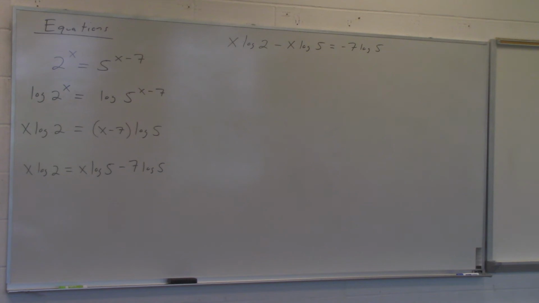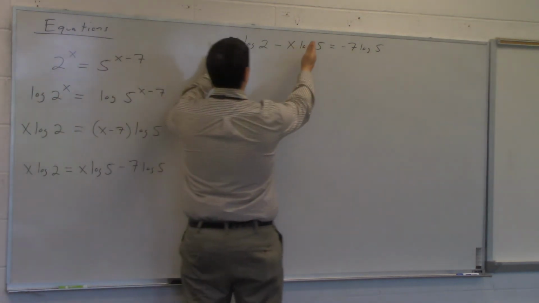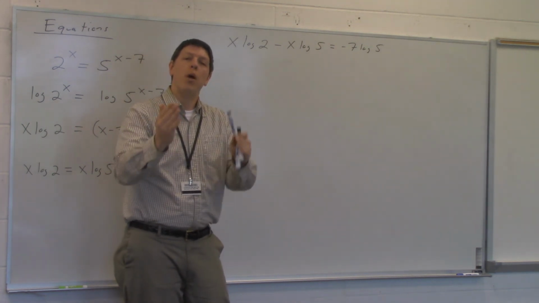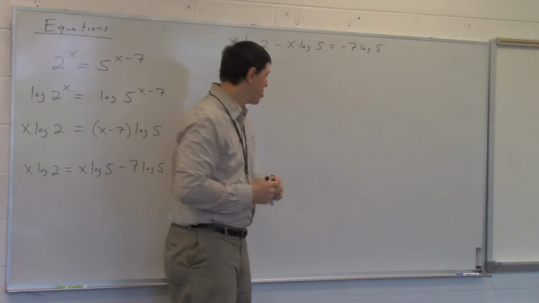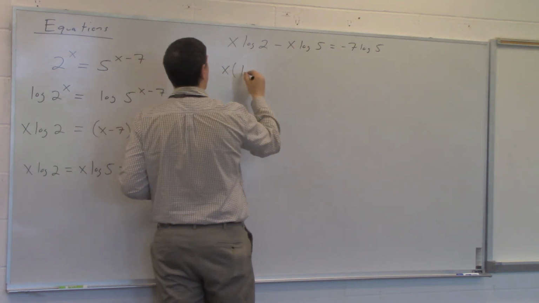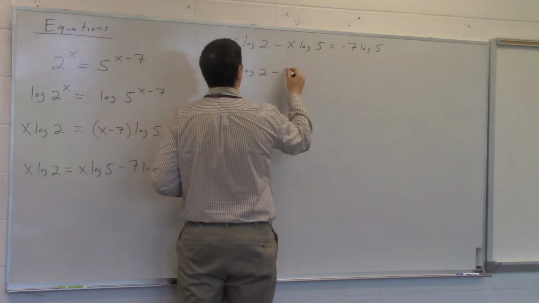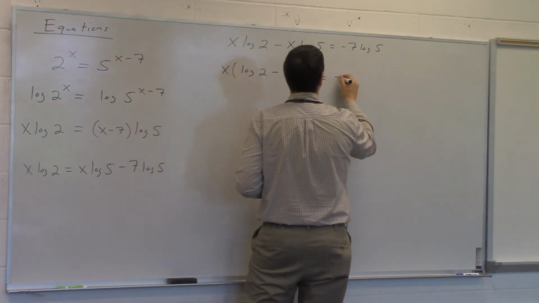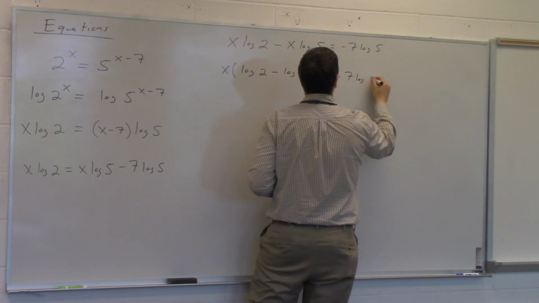So at least the x's are on one side of the equation. We're only 2 steps away from finishing this. What a lot of students might try to do is think that these are like terms, and they're not. We can't combine them. But what we can do is factor out the common x as the greatest common factor. I'd be left with log 2 minus log 5 equals negative 7 log 5.